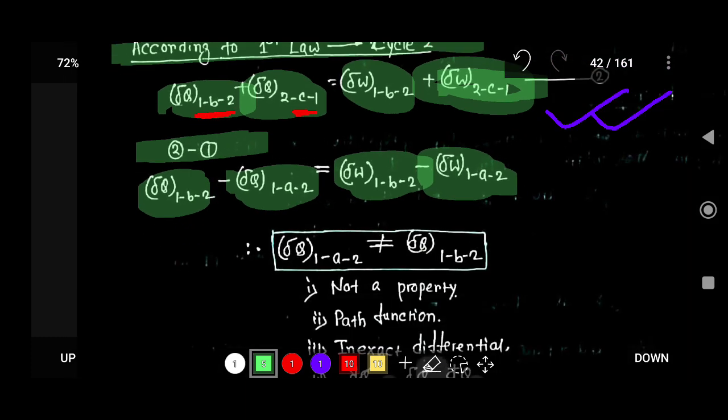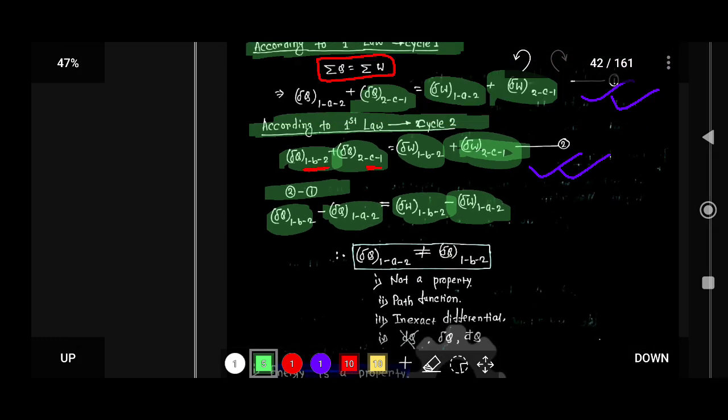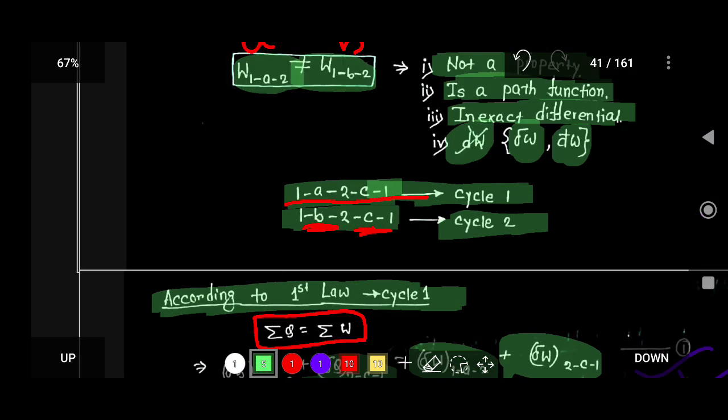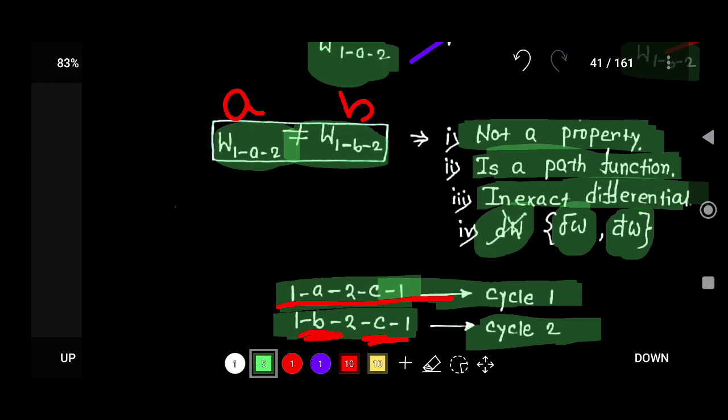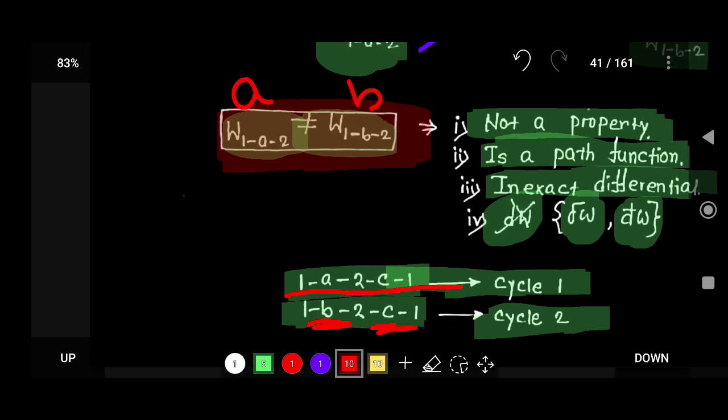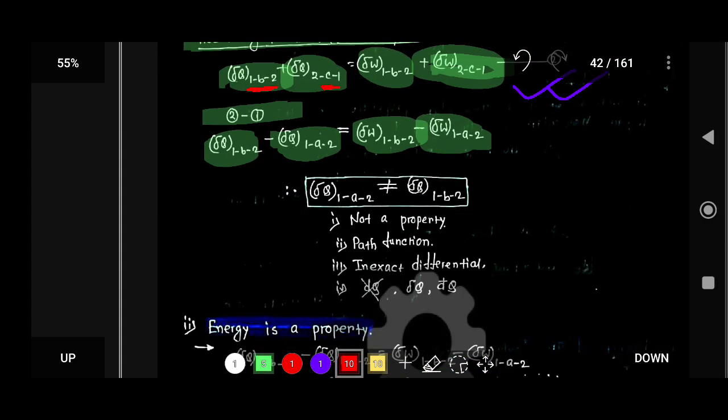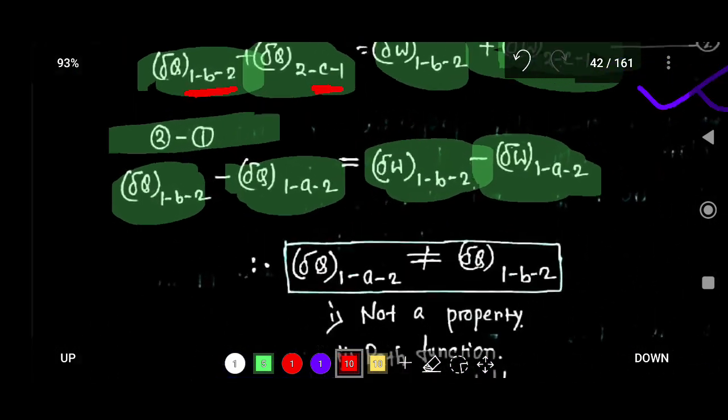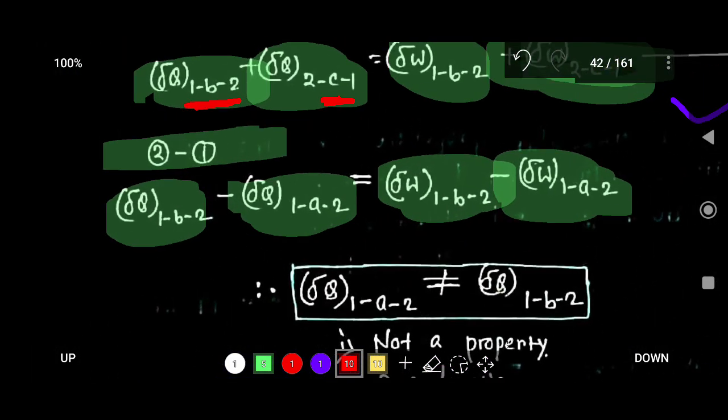So from here we say that w1a2 is not equal to w1b2. So del w1b2 and del w1a2 are different.